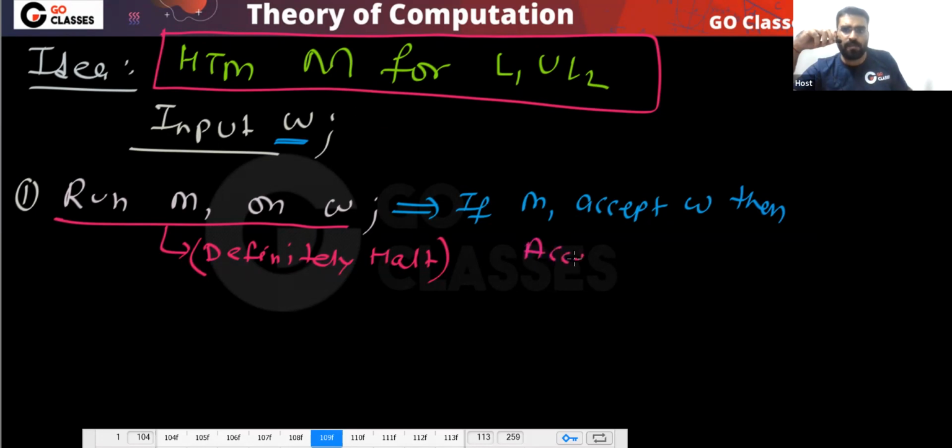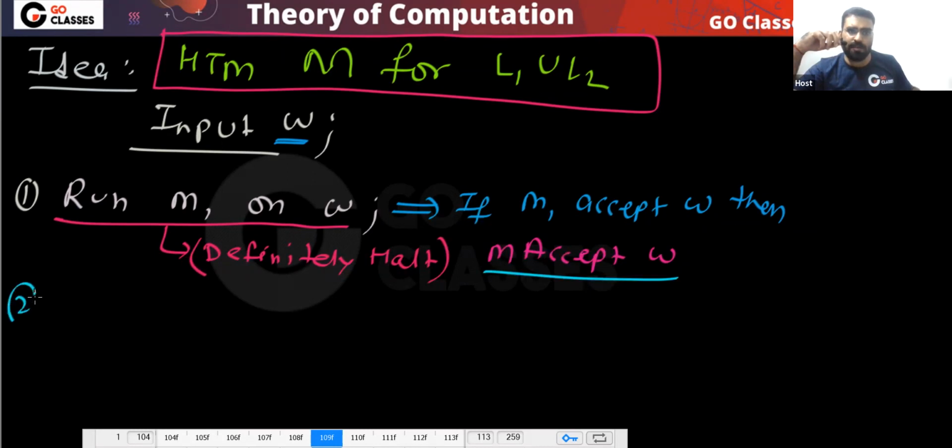Then M accepts W. Yes or no? Is this clear? Very simple. So if M1 is accepting W, then our Turing machine M will accept W.